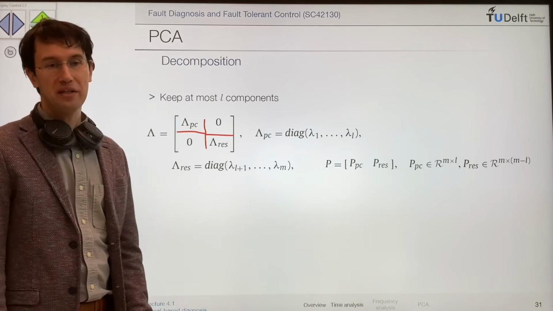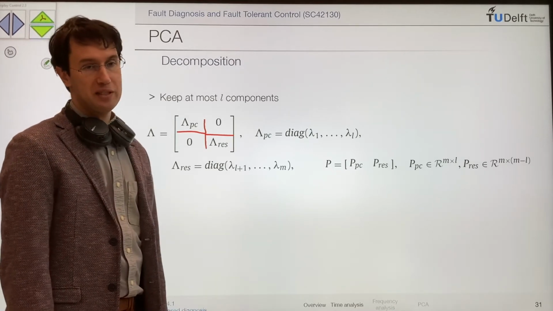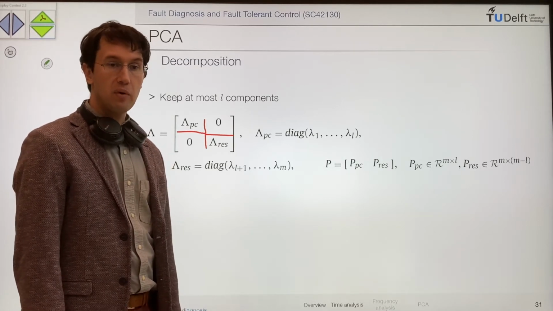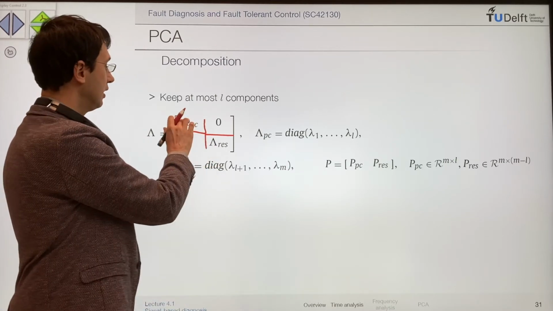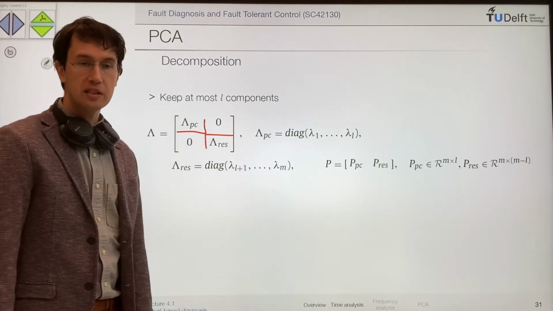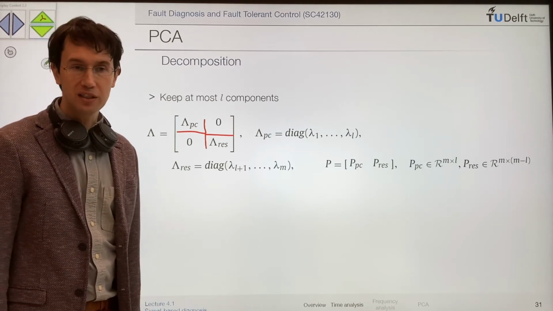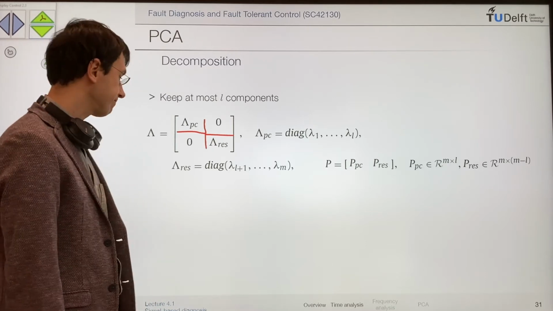How do we define what is big and what is small? Well, it is up to us. So in some way we generate a threshold. One way could be to consider the singular components that make up, let's say, 90% of the energy of the signals in your dataset. This could be an option.